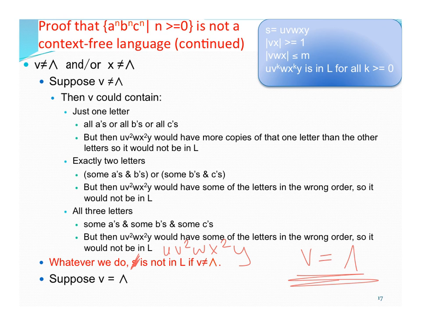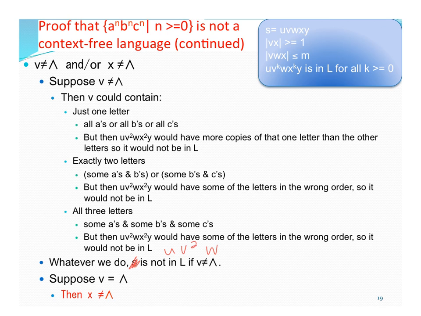In order to be able to do anything with this proof, it's going to have to be lambda, because if it's not lambda, we know for sure that this string here, u v squared w x squared y, is not in my language, and it has to be by the pumping lemma for context-free languages. Okay, so here, let's fix this again. That should be u v squared w x squared y is not in L.